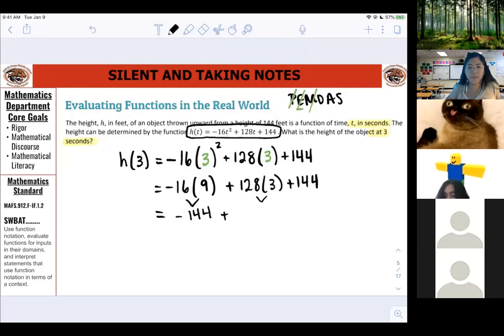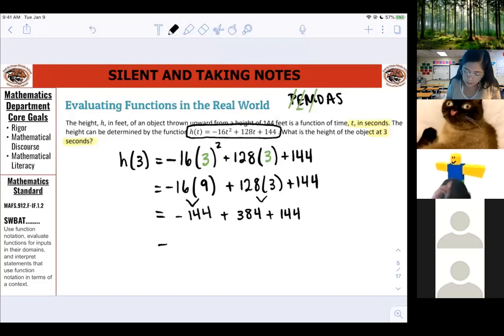What is 128 times 3? 384. Plus 144. Cool, now I can add everything up together.